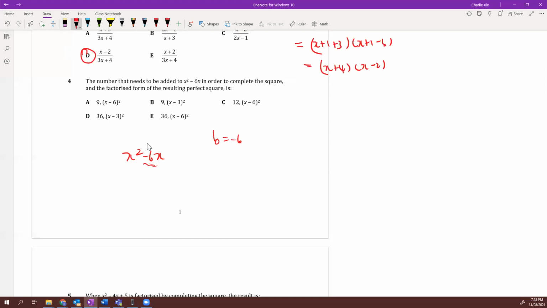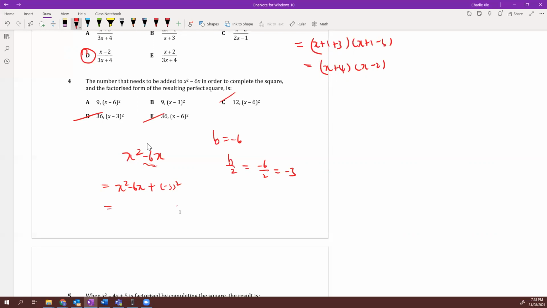So half b is negative 6 over 2, negative 3. Okay, so you're adding half b squared to x squared minus 6x, so adding negative 3 squared, which is 9. It's not 36. We're choosing from A and B.